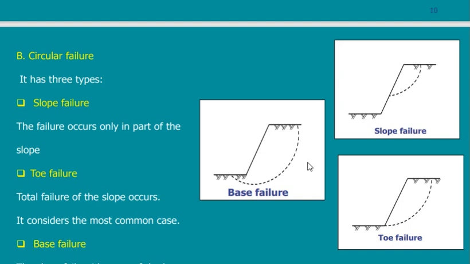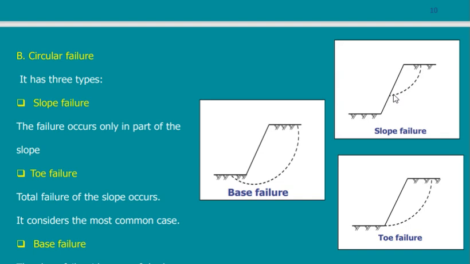Actually, to solve this problem accurately, usually the computer program studies lots of cases. There are many ways of studying these cases, so that finally it will tell you, for this slope, I have studied 100 cases, and the minimum factor of safety was that of, suppose, this assumption.